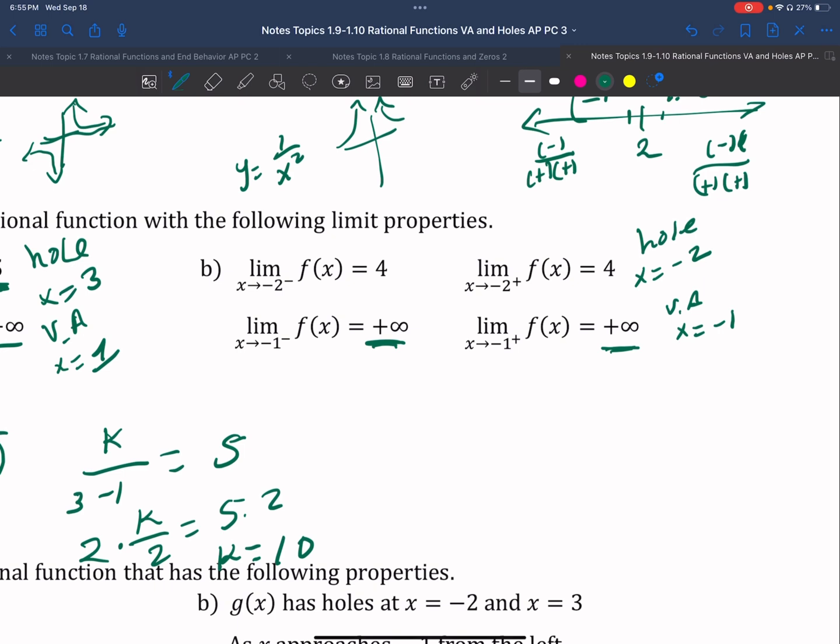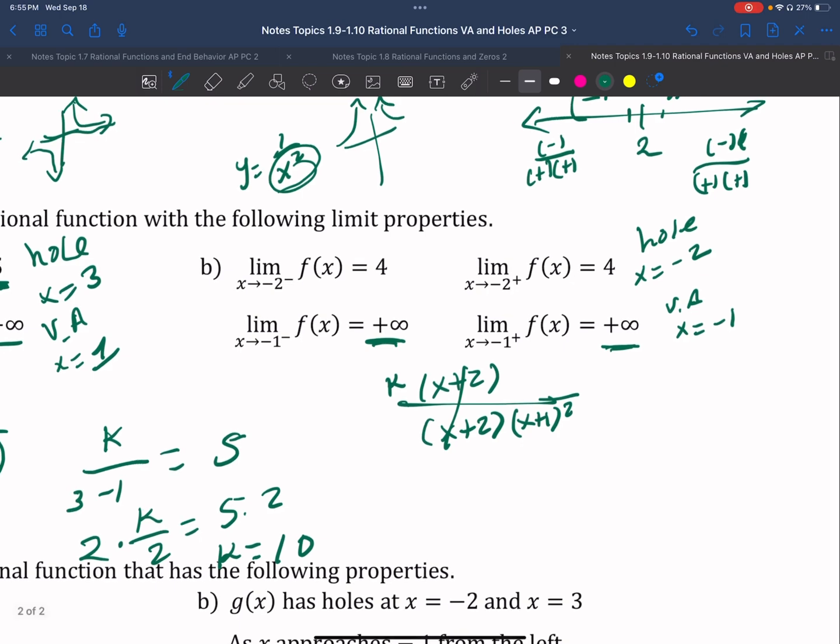So for the hole, since it happens at -2, I need to have an x plus 2 over an x plus 2. And then for the other one, I need to have an x plus 1, and then it has to be squared because of that. When I simplify, I have to have an x plus 1 squared. Don't forget, I need a variable k right here, and then this will cancel out.